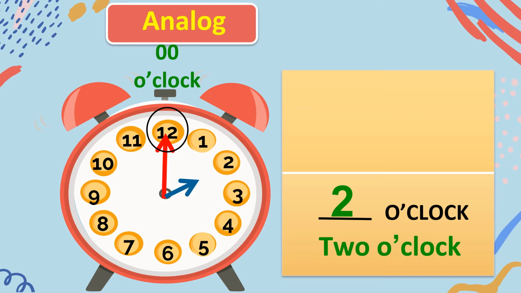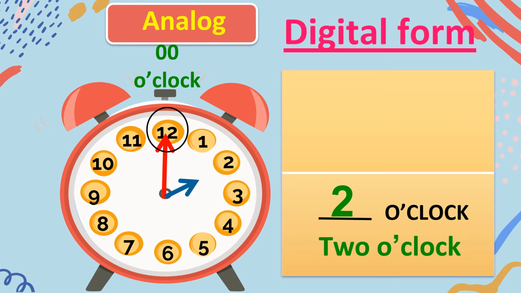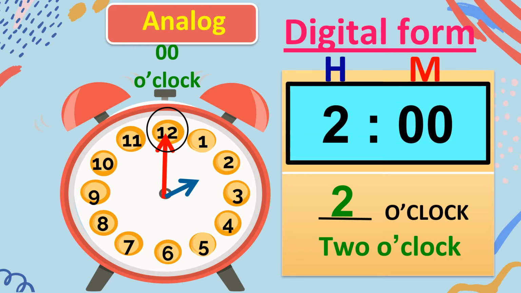Then we have here digital form. The digital form contains hours and minutes. In hours, we write the short hand first. So here, look, the short hand points to 2. It means 2 at hours.